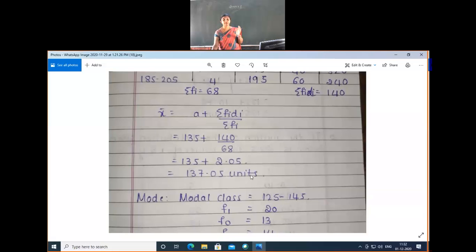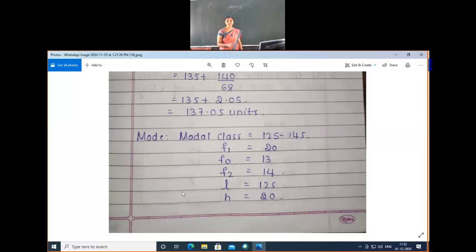A plus sigma FiDi divided by sigma Fi: now 135 plus 140 by 68, which is equal to 135 plus 2.05, that is 137.05 units. This is actually the mean of the data.